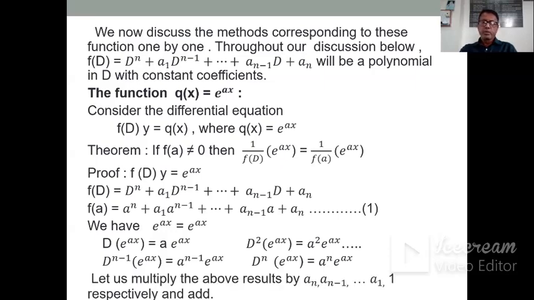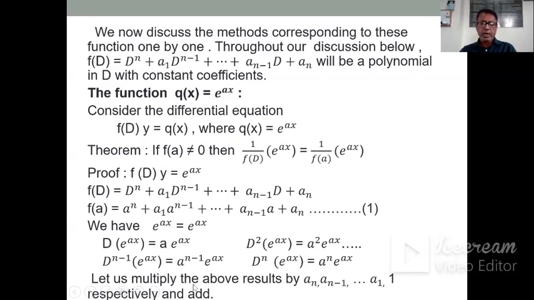Then we multiply the above results by a_n, a_(n-1), and so on, that is a1 and 1 respectively, and add. Here we multiply this by a_n, this by a_(n-1), this by a_(n-2), and so on, this by a1, and this by 1.